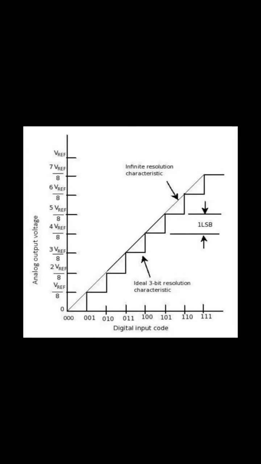Here is the transfer function of a 3-bit DAC with a 5 volt reference voltage. Again, here we are assuming that the internal gain K is equal to 1. You can see that if we change the code by 1 LSB, then the output will change by 0.625 volt, or 5 by 8 volt.